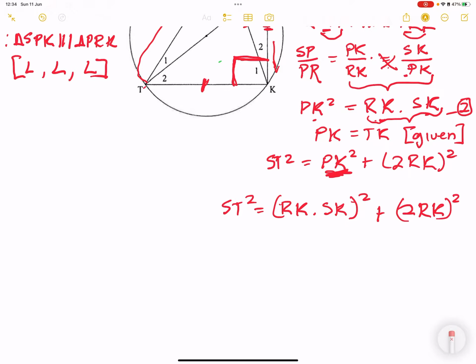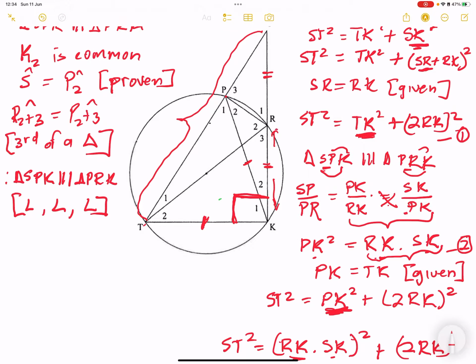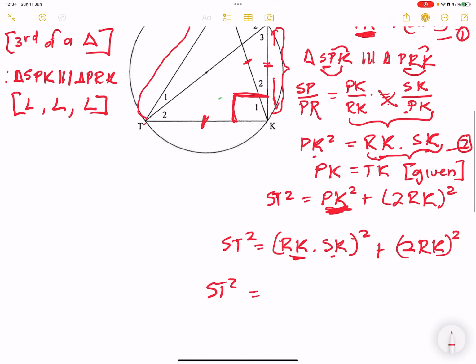Just hang in there. So ST squared is equal to, now if you look at RK and SK again, we said SK, in fact, SK is that entire side there. So SK is 2 times RK. You remember that.